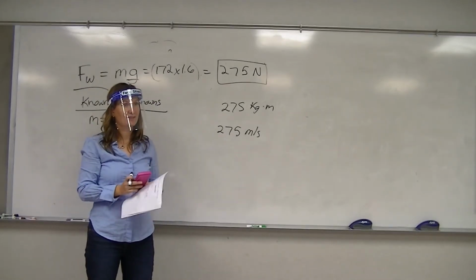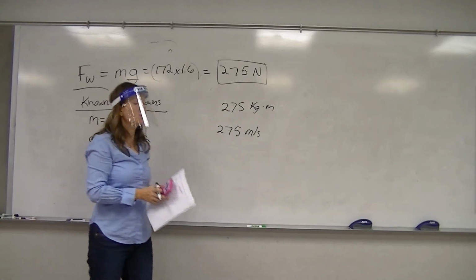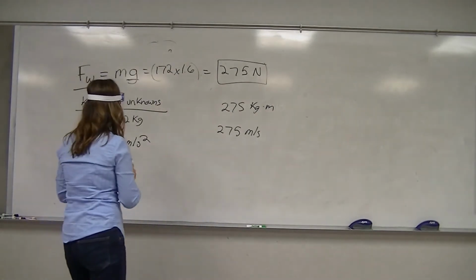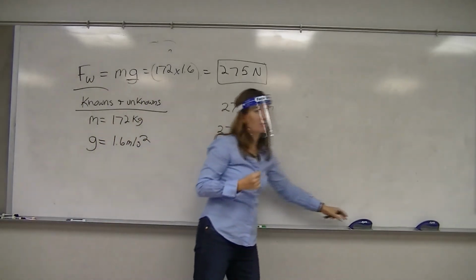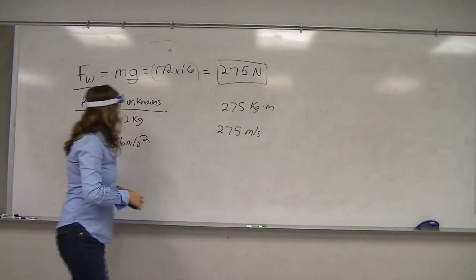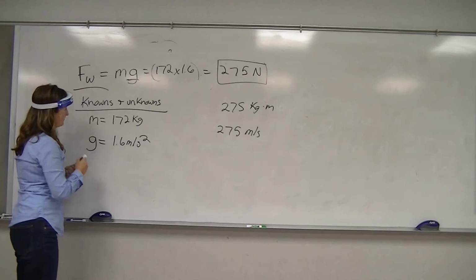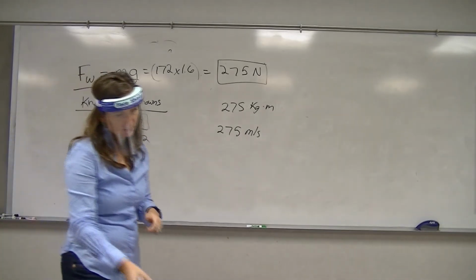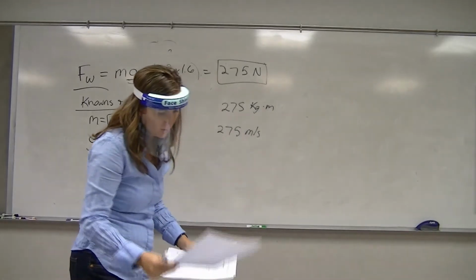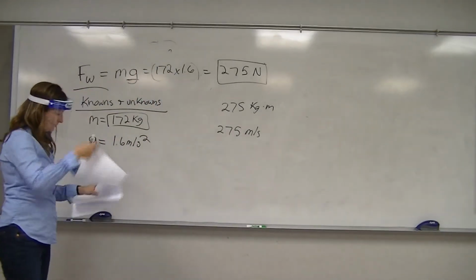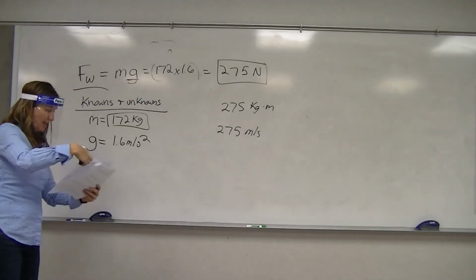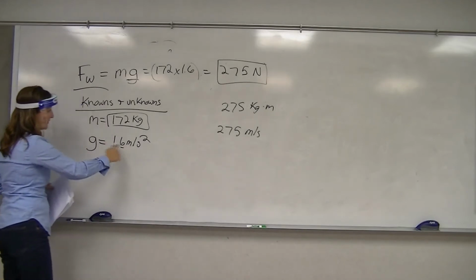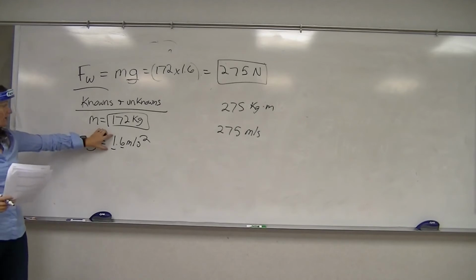Yes? Are we doing significant figures? So this is the tricky part about this. Significant figures depends upon the numbers given in the problem. So the number given in the problem was the 172. That's the one we used, correct? And the number we multiplied by, yes, it has 2 significant figures. But this was not a number given in a problem.